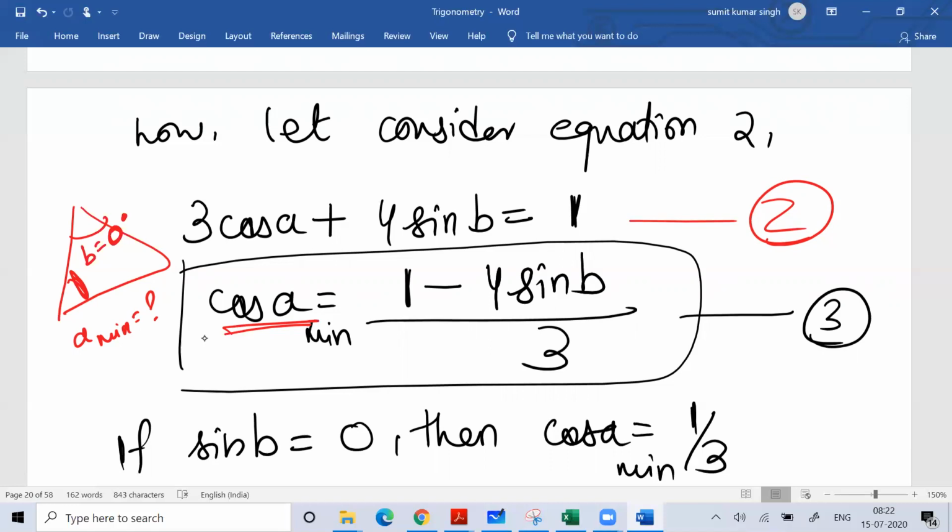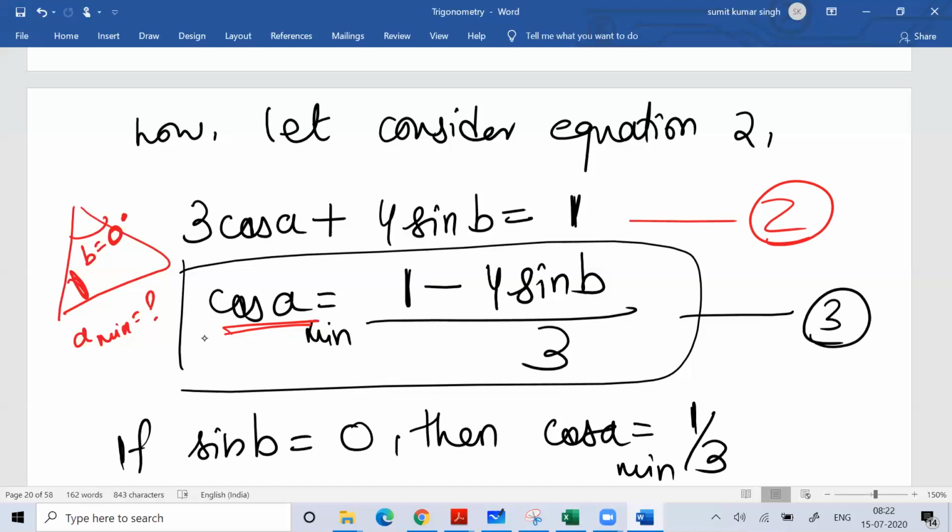You know that cos 0 degree is 1, cos 30 degree is root 3 by 2, cos 45 degree is 1 by root 2, which is about 0.71, and cos 60 degree is 0.5.